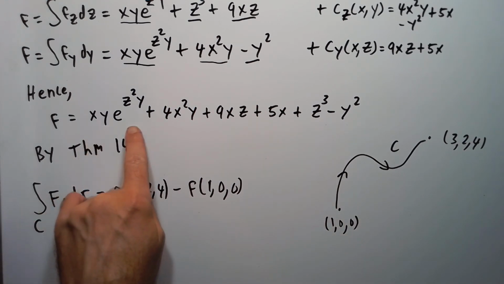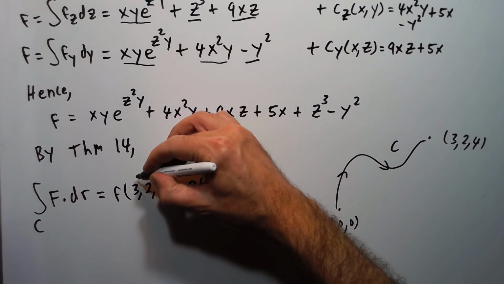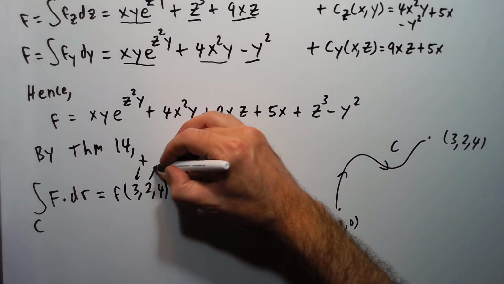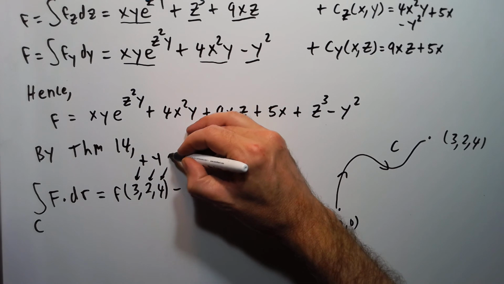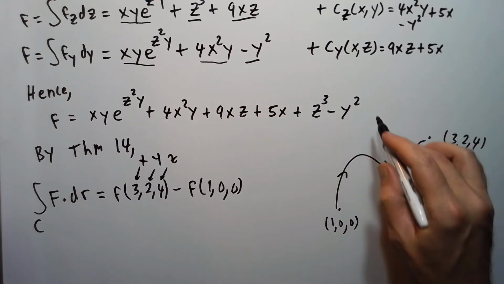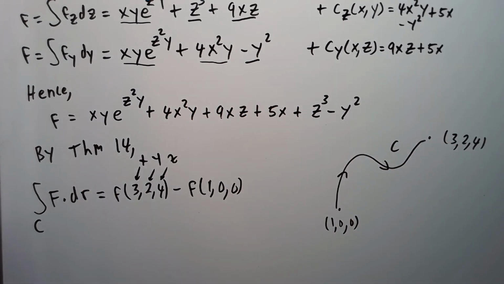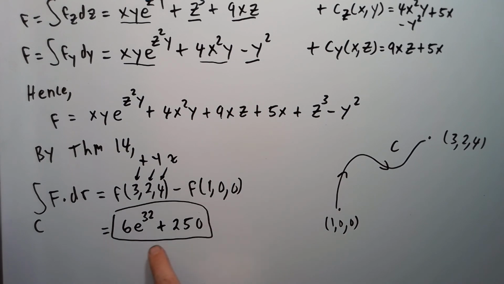So here's my small f up here. You're going to put in your x, y, and z, and same over there. Just plug it in and evaluate. I'll let you check when you plug those in. When you plug those values in and work it out, you'll end up with this as your final answer. Okay, so we're done.